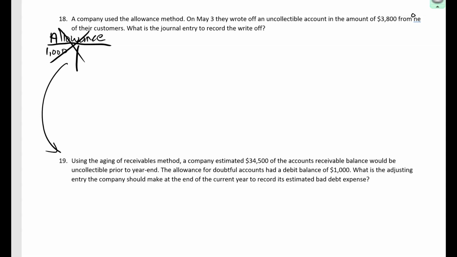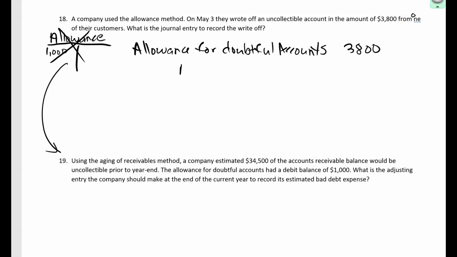Okay. If you're going to write it off, allowance for doubtful accounts will be debited for $3,800, and then accounts receivable will be credited for $3,800. This is what you do when you use the allowance method.